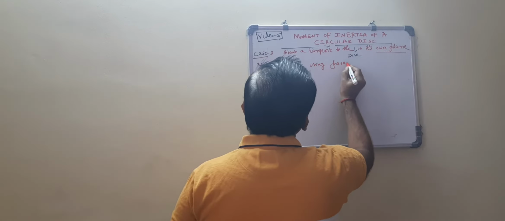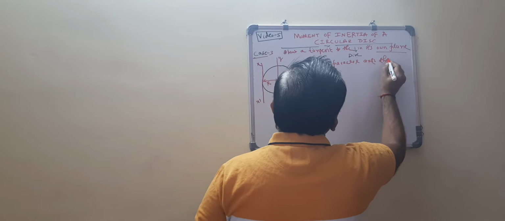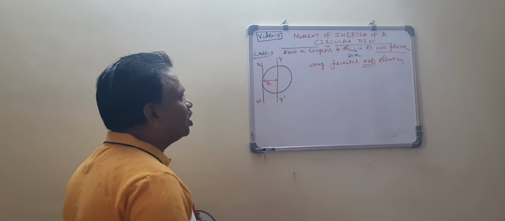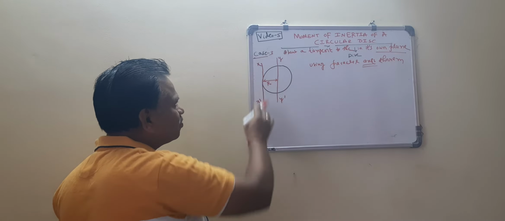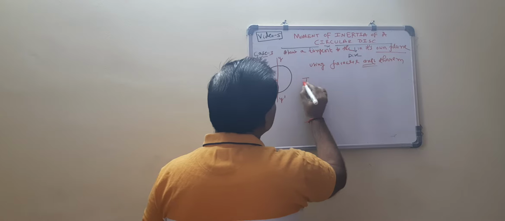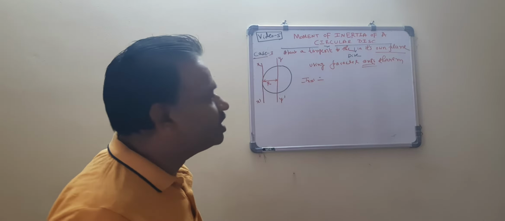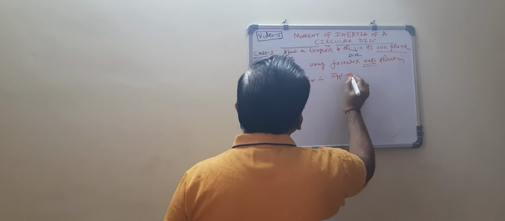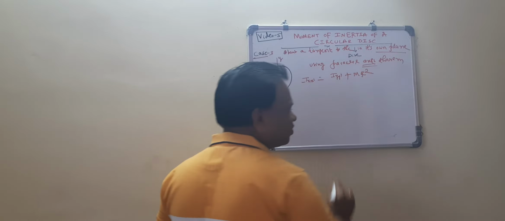Now, using the parallel axis theorem, it is parallel axis theorem. The moment of inertia passing through x dash equals I of y dash plus M R square.